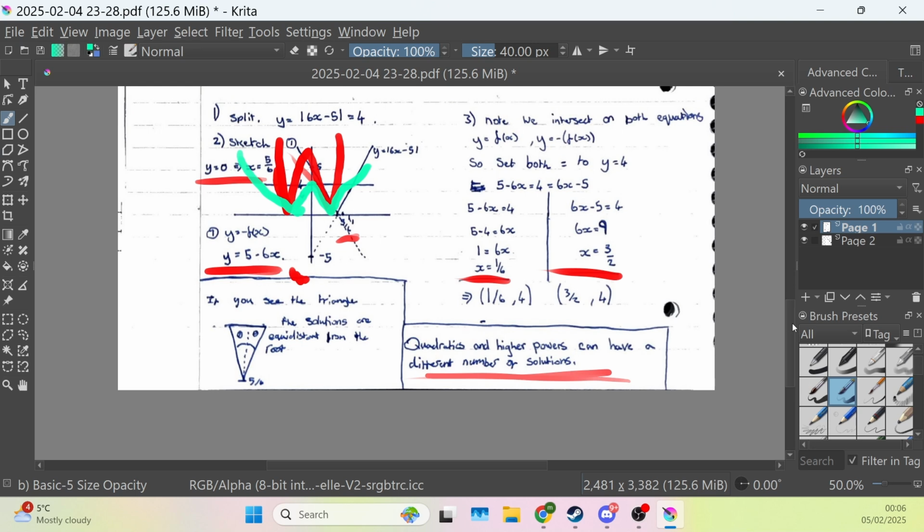Another thing here is, and I drew all over it, but there is a triangle in here. You can see it. It's blue. So there is actually a triangle here, which is what I've drawn here. So you've got 5 over 6 here. You'll notice that the 2 points where we intersect are equidistant from the root.